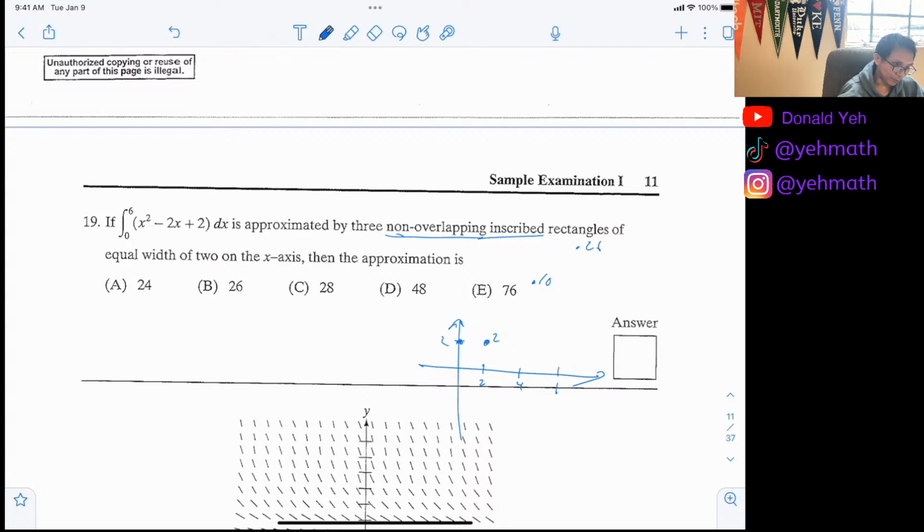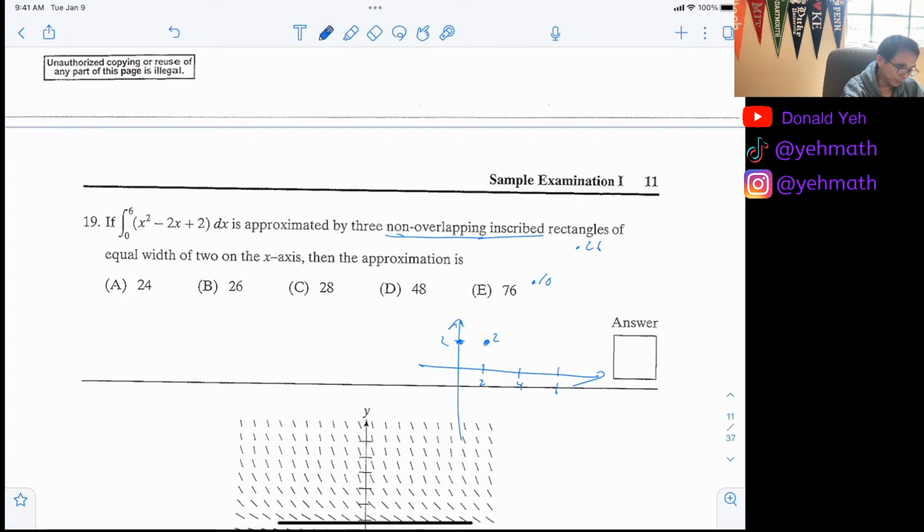They say it's approximated by 3 non-overlapping inscribed rectangles. So inscribed is actually not right end or left end. Inscribed is inside, so it's this here. Oh, there was something else too. I forgot there was a point at 1 here.